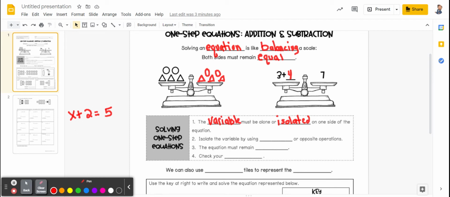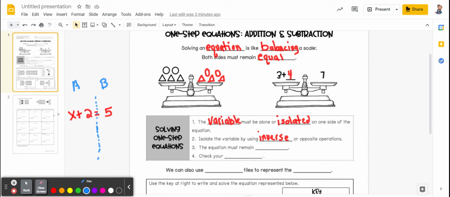And it says isolate the variable by using inverse or opposite operations, okay? So what we're going to do today, we're going to start drawing a line right there. We'll pretend there's a line right there where the equal sign is, and whatever we do to side A, we have to do to side B, okay?